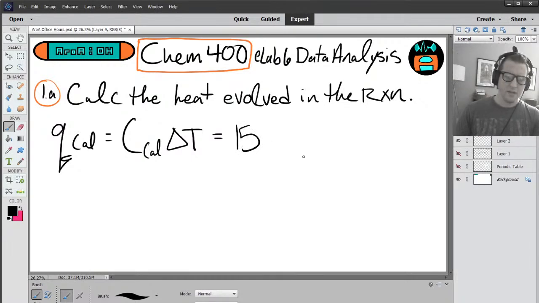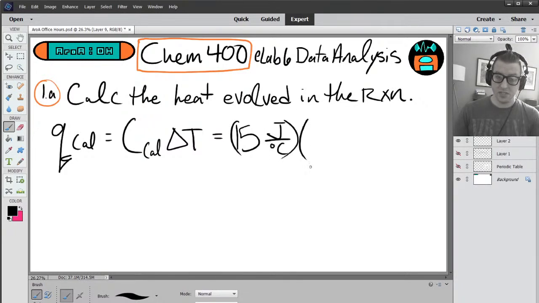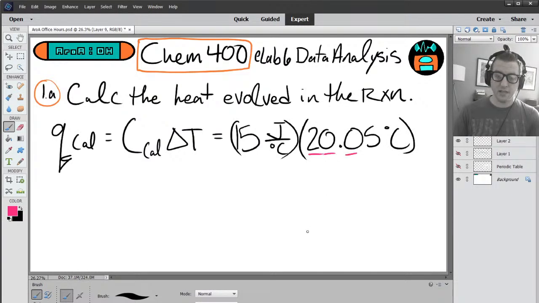Yep, 15 joules per degree Celsius is our calorimeter's heat capacity, and our change in temperature is 20.05 degrees Celsius, remembering that this number only has 3 sig figs.